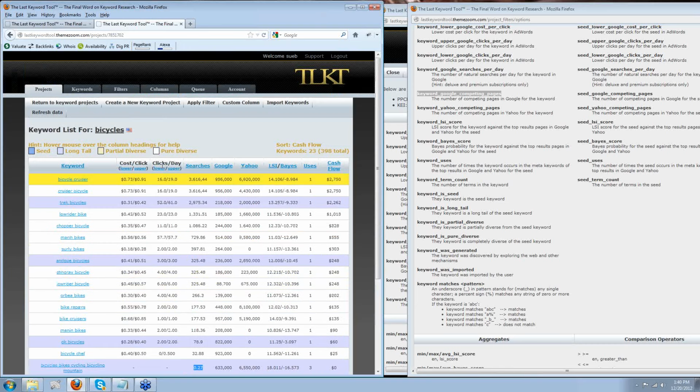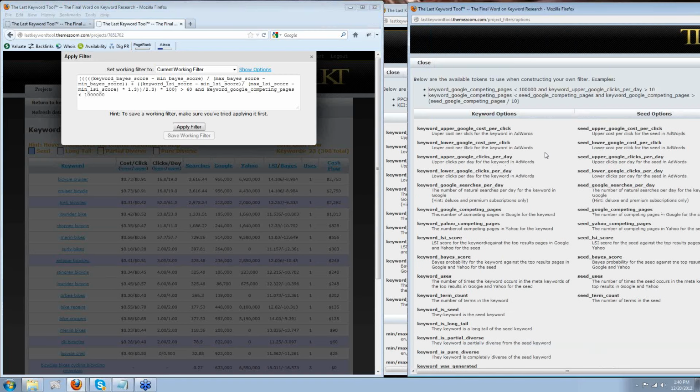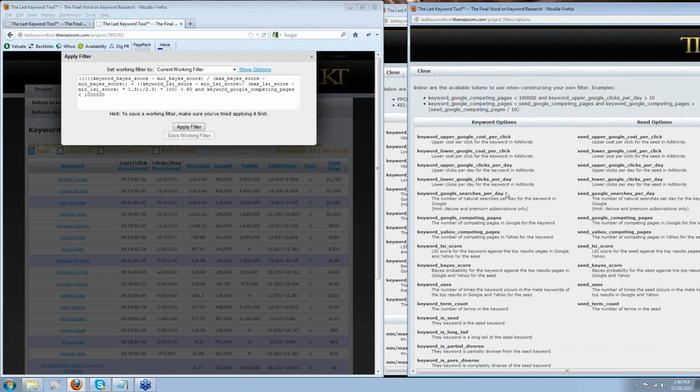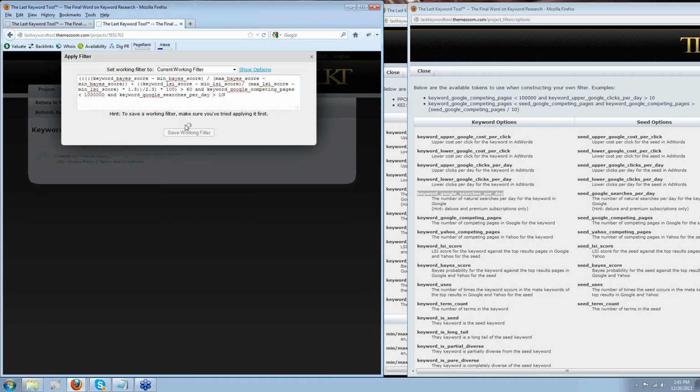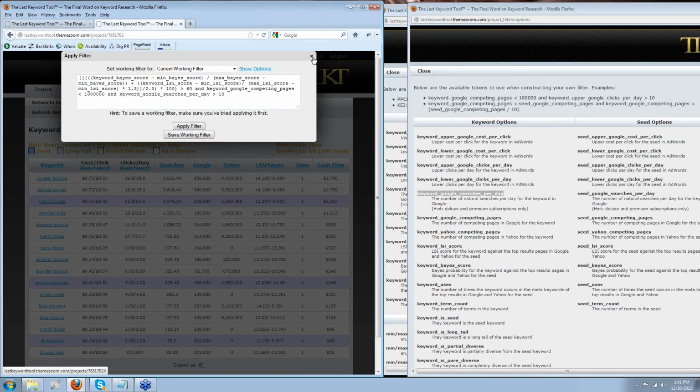So let's just come back here to the apply filter thing and go keyword searches per day. Greater than 10, something like that. Apply that filter. All right, so now I've got a list of keywords that I'm happy with.